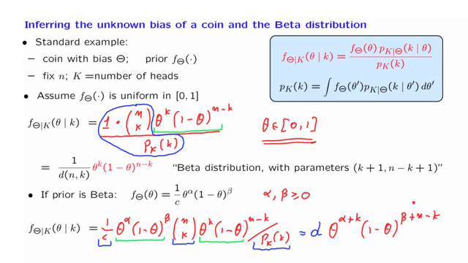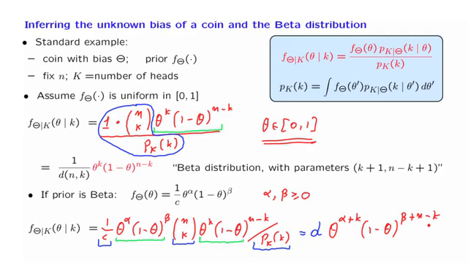So what do we see? We started with the prior that came from the beta family of this form, and we came up with a posterior that is still a function of theta of this form, but with different values of the parameters alpha and beta. Namely, alpha gets replaced by alpha plus k, beta gets replaced by beta plus n minus k.